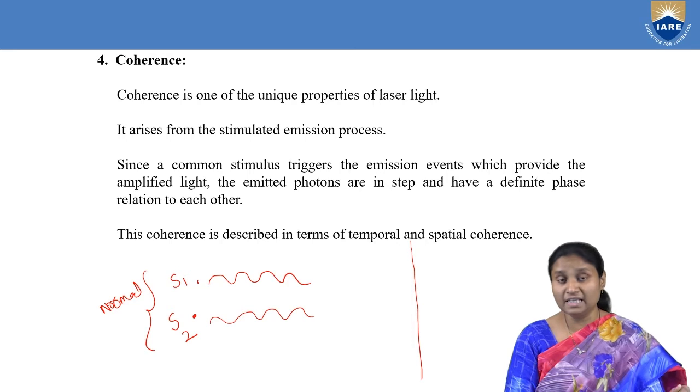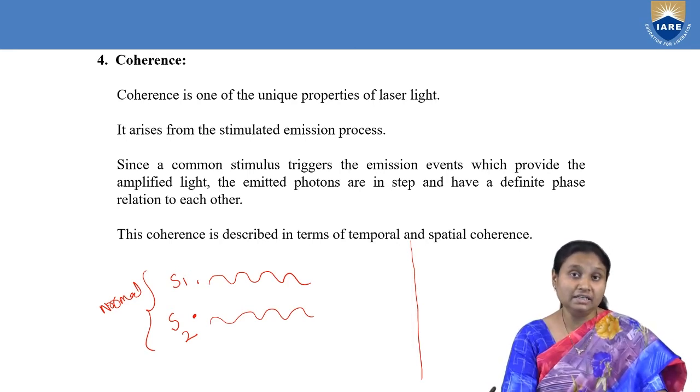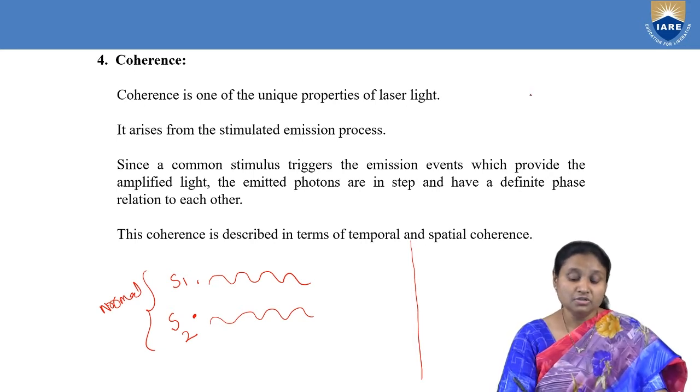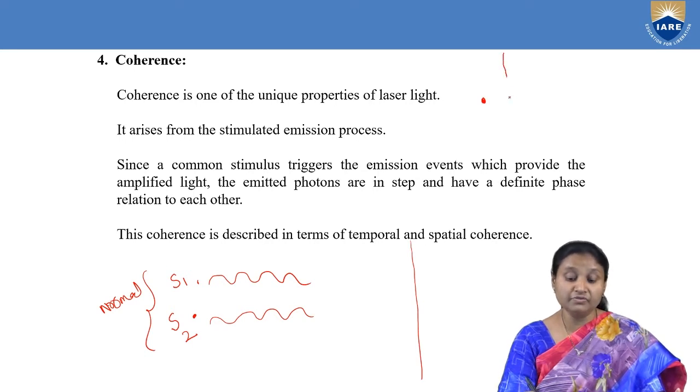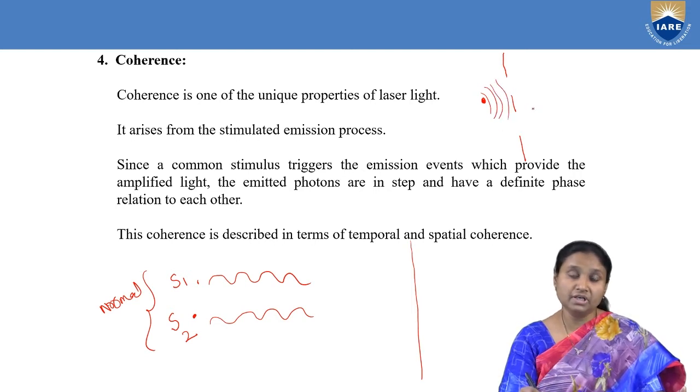So Young came up with the idea of dividing light into two parts by using division of wavefront. He used a single monochromatic source and made the wavefront coming from that source divide into two parts by making it go through two slits. As you can see, from the main source we have a spherical wavefront coming out.